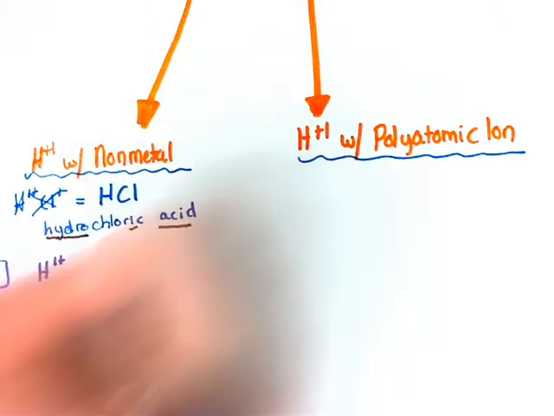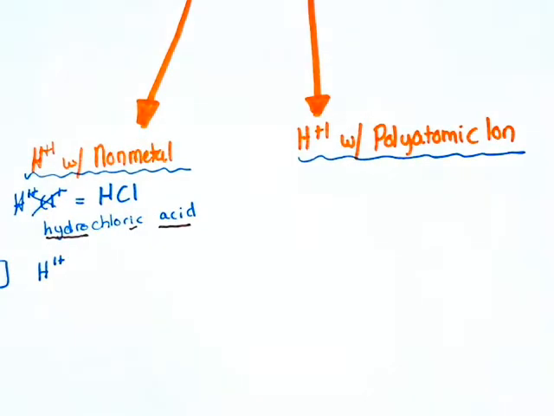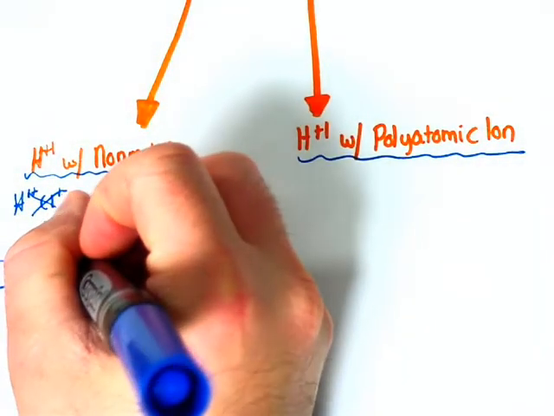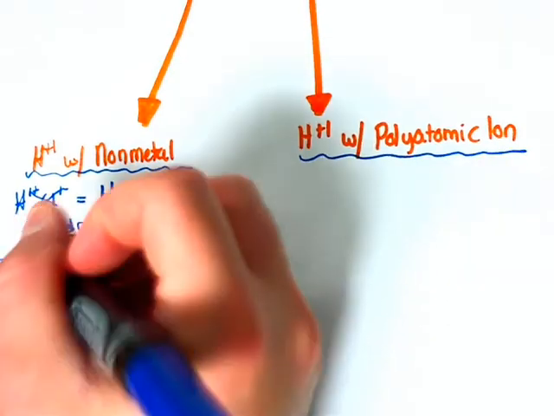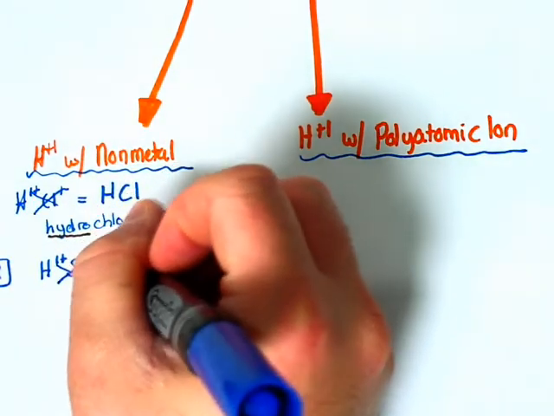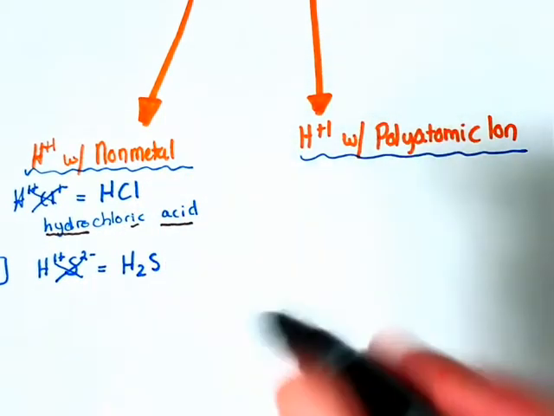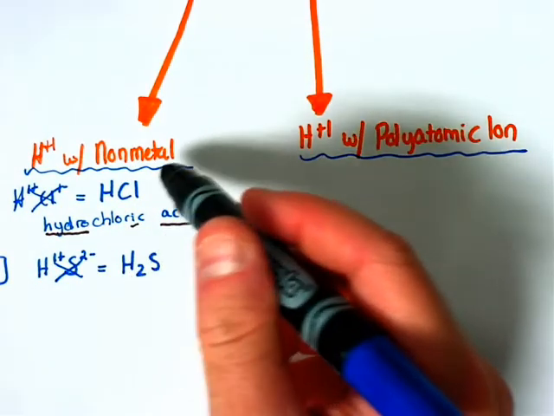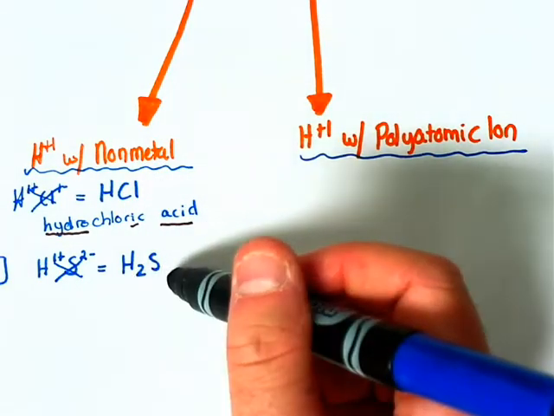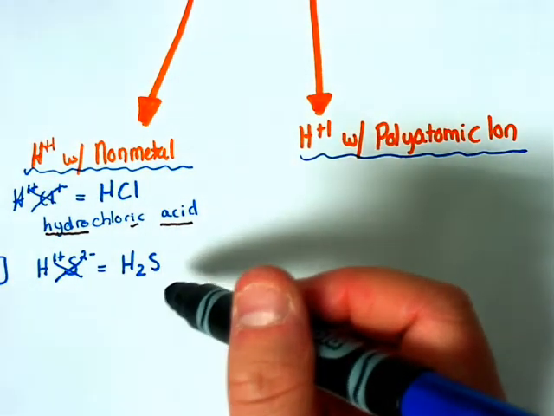Let me give you another example. H is 1+. What about S? What's the charge on S? -2. You bring down the charges, and you get what? H2S. Is this H like before? You see how it was with a little nonmetal, the Cl? Is this H with a nonmetal, and just one of them?